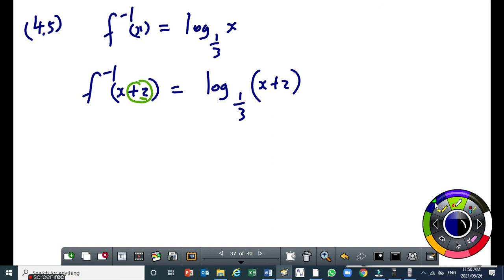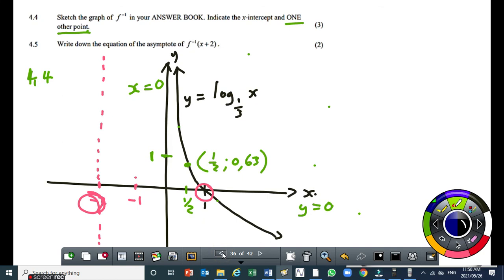Remember, for it to be x equal to -2, it means that x will never be -2. That's what it means. X will never be -2. But x will be a value which is close to what? To -2.